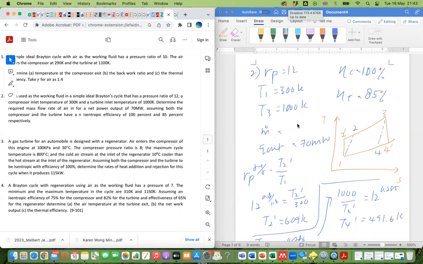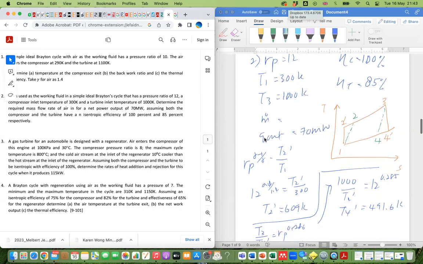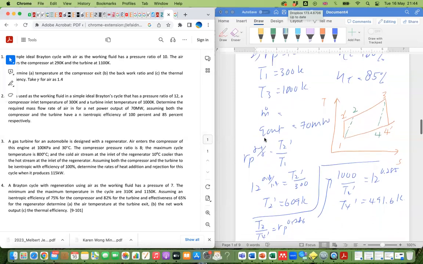What we need to find is the mass flow rate, and also we need to find the work. Okay, let's first. We know that if this is isentropic 1 to 2', but the actual is the green line.